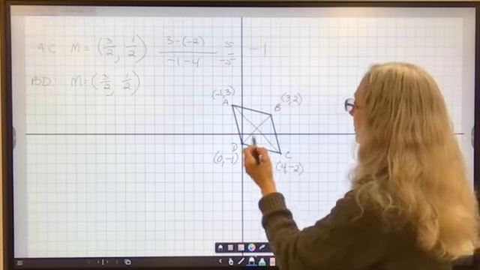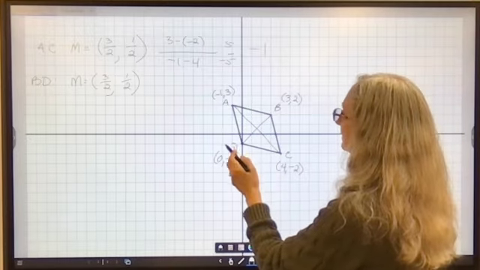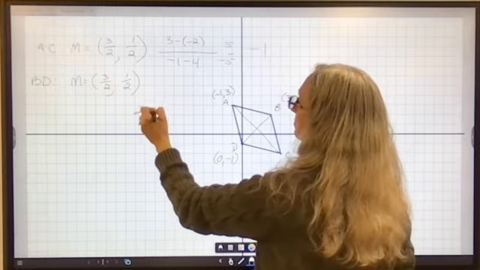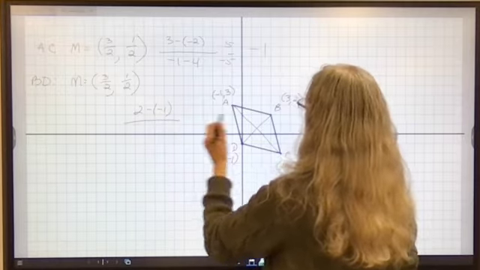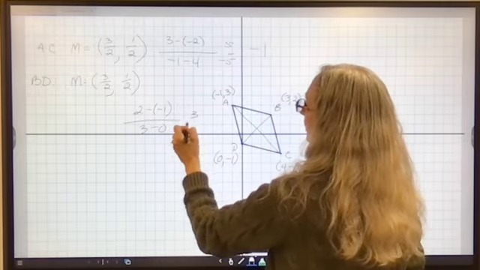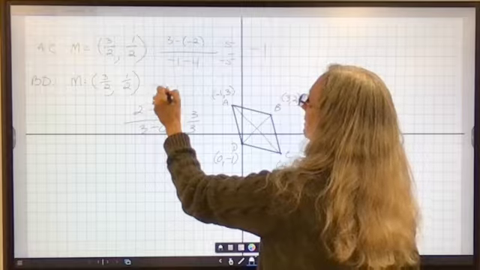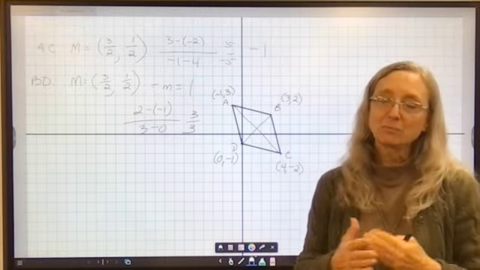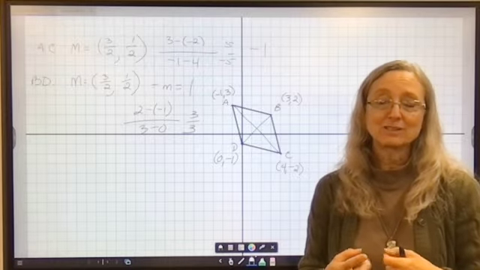Let's look at the slope of BD. So it's y minus y, 2 minus negative 1 over x minus x, 3 minus 0. It's 3 over 3. It's positive 1. Negative 1 and positive 1 are opposite reciprocals.